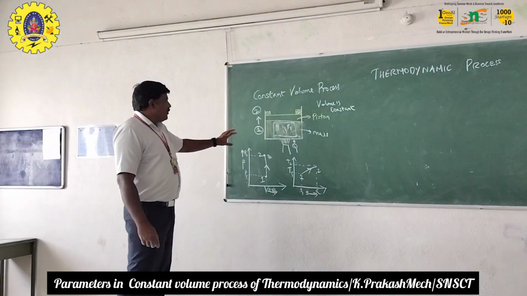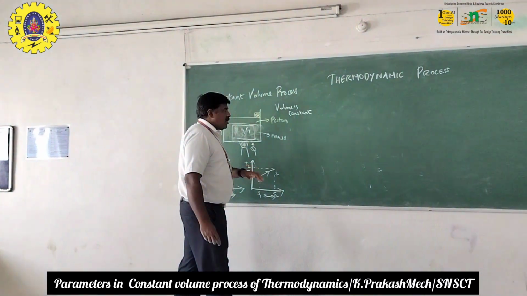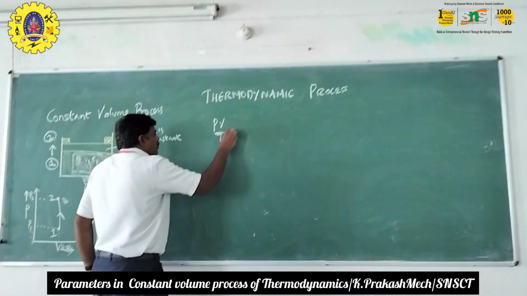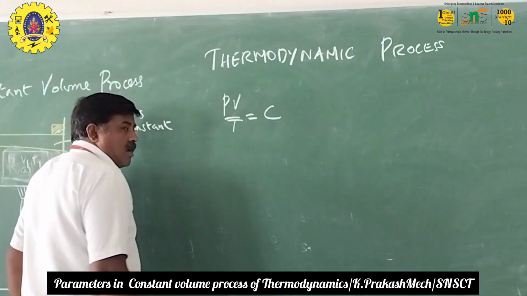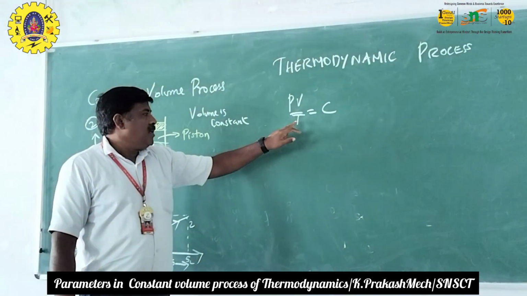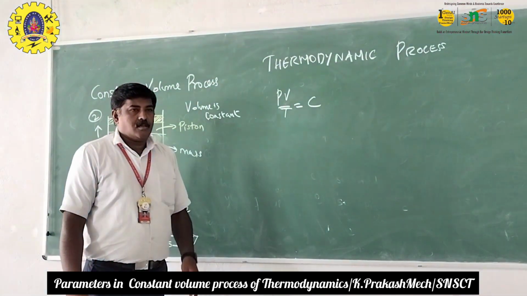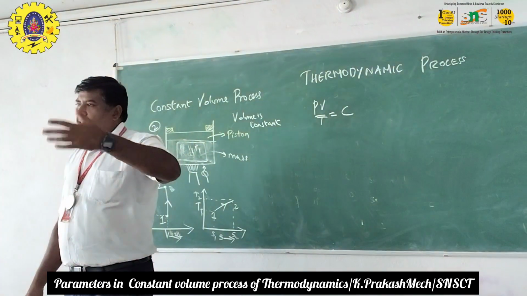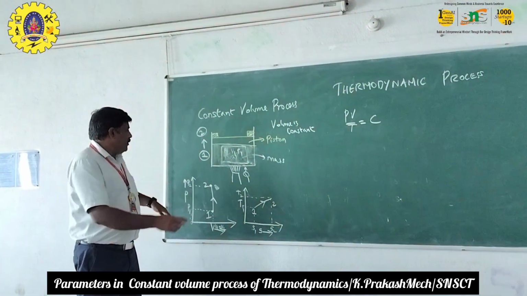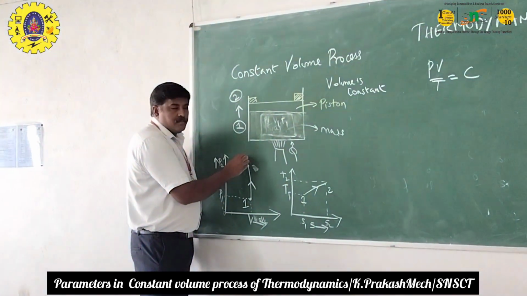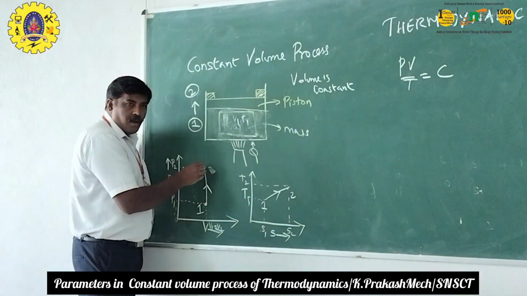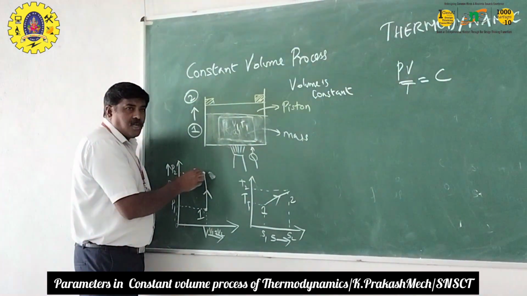For the constant volume process, initially we have PV by T is equal to constant, where P is pressure, V is volume, T is temperature. This is the common formula which we already know. This can be applied for process 1 and 2, that is, state 1 and state 2.